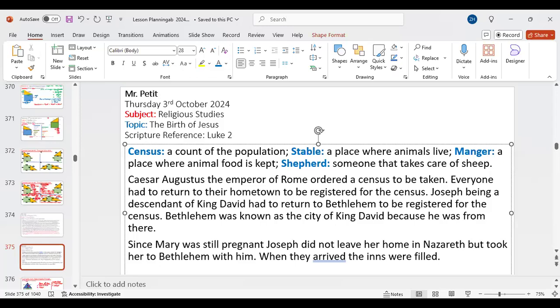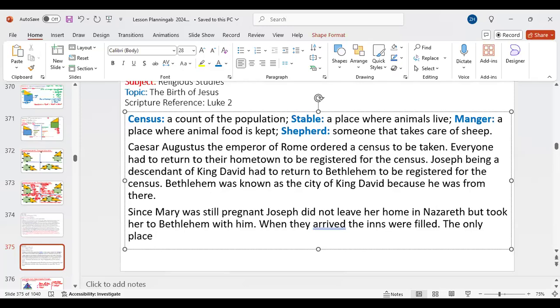So the only place that was available was the stable. They stayed in the stable, where animals are. You have the stench of the animals, and they do not smell good or look good.